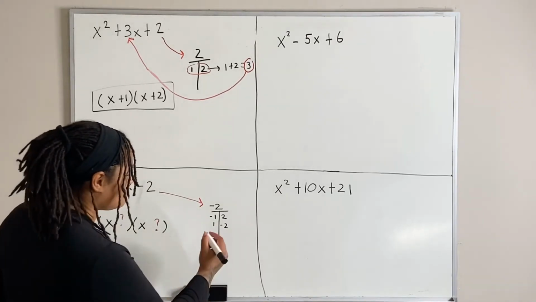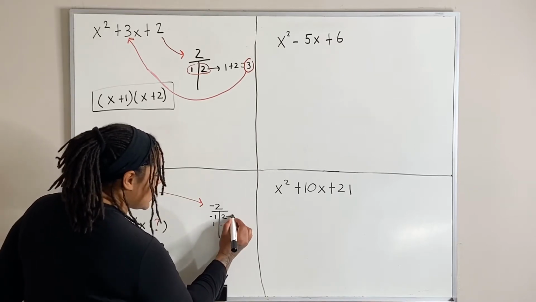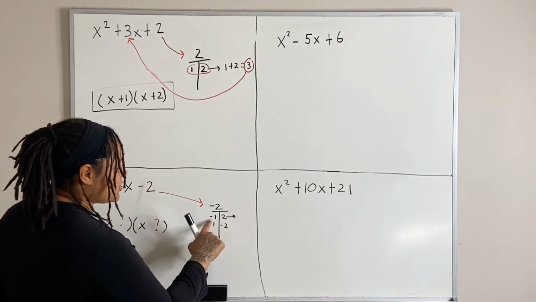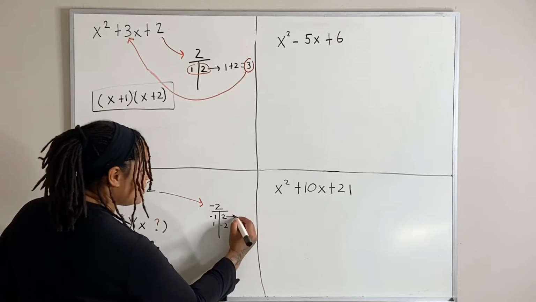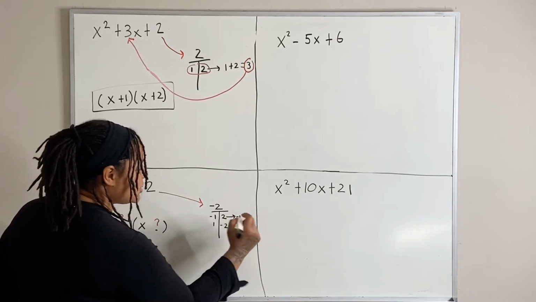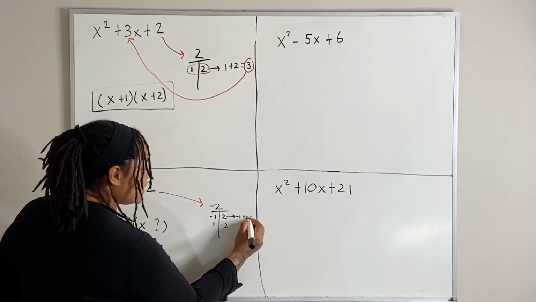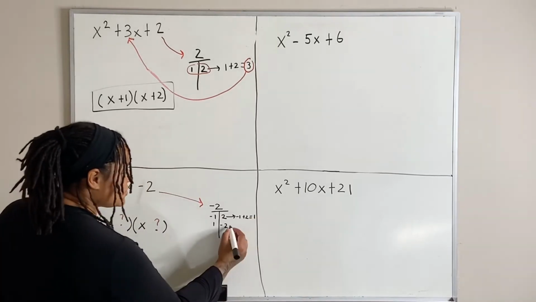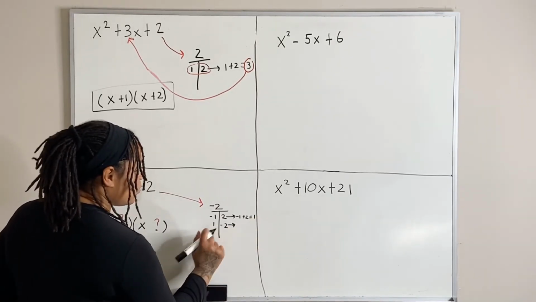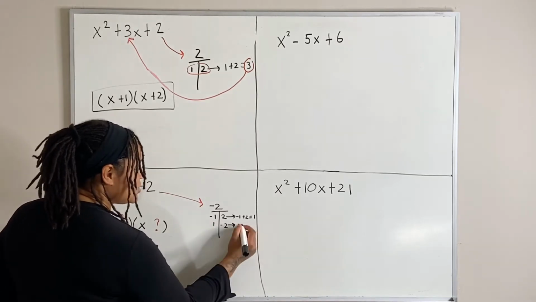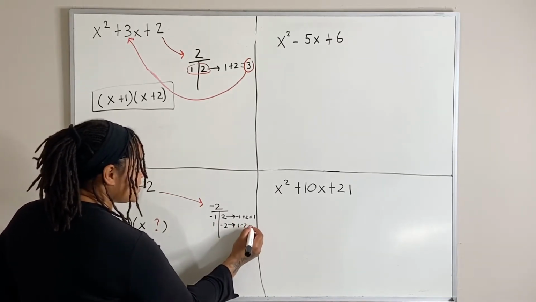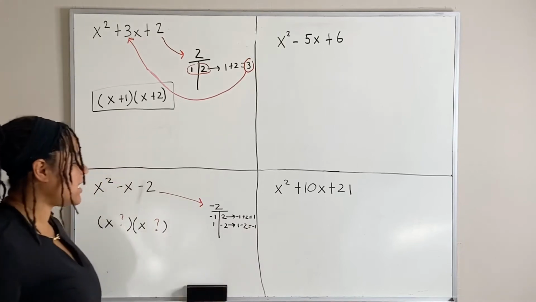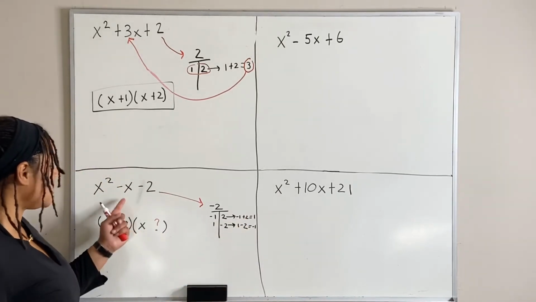So now we want to pull the numbers out to the side and add them together. So negative 1 plus 2 is equal to a positive 1. We also see that 1 minus 2 gives us a negative 1. We check to see which one of these numbers equals our middle number.